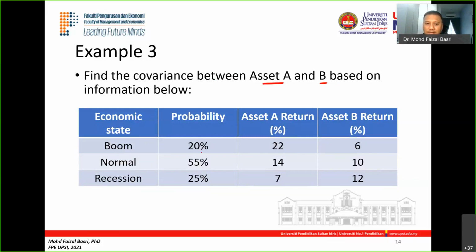If you total up the probabilities, 20 plus 55 plus 25, it gives you a total of 100. But now we don't have the ER yet, so we have to calculate our ER respectively.